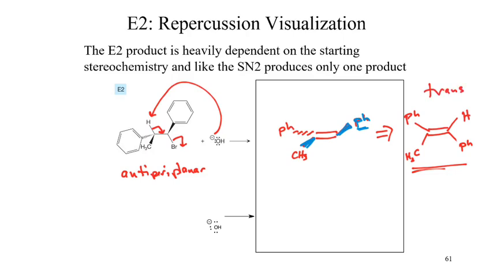Well, just like with the SN1, shouldn't we be allowed to do a rotation? Isn't that sigma bond in purple now allowed to rotate? Yes, it absolutely is. So to that end, let's do that rotation. I'm going to hold the left-hand side of the molecule static, and I'm going to rotate the right-hand side.